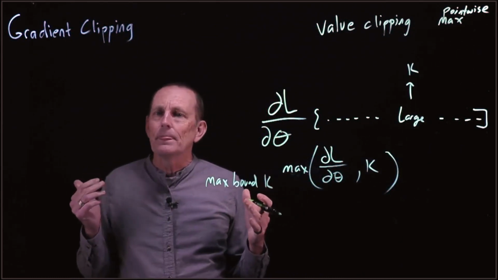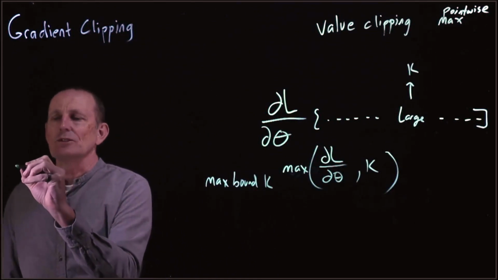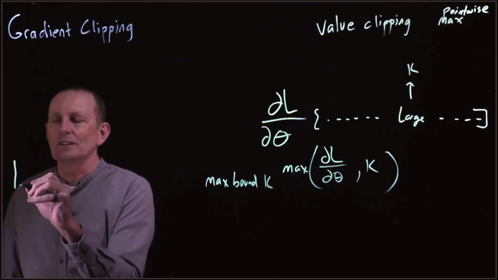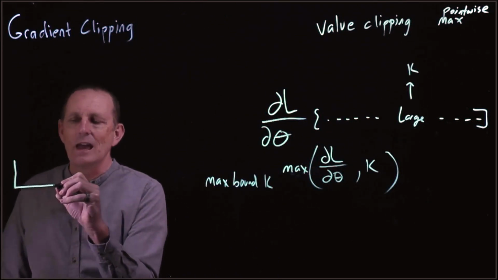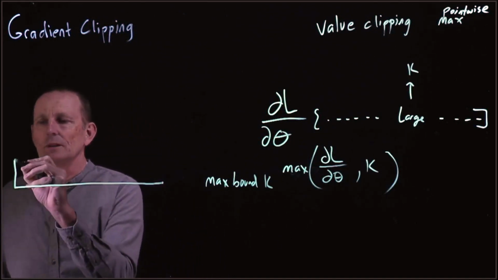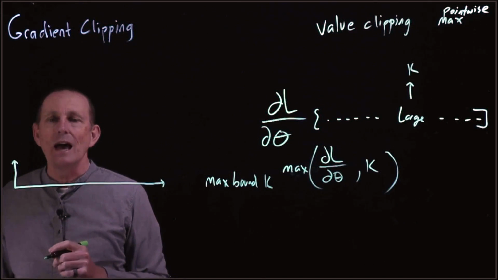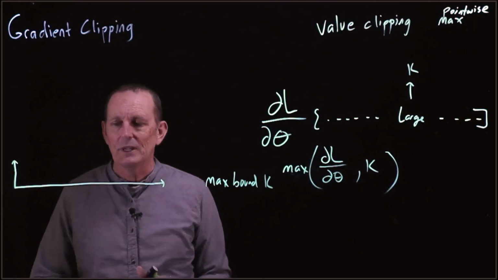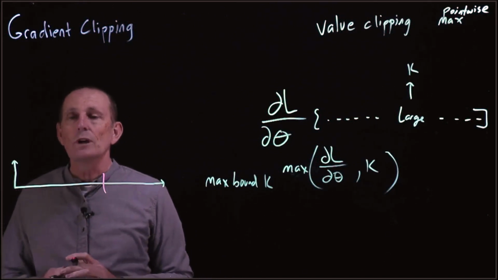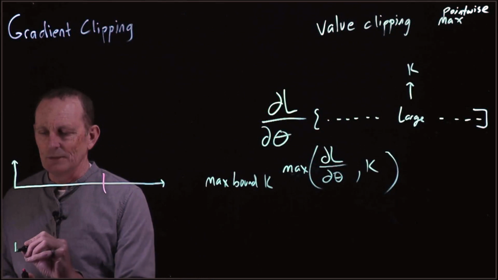However, there is one disadvantage to this. Let's say we're in two-dimensional space. We've got a vertical component of our gradient that looks like that, and a much larger horizontal component, and we decide we want to clip this. So we clip, let's say, to here. Then our new vector is something like this.